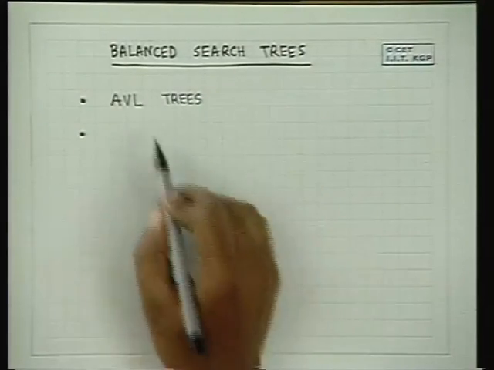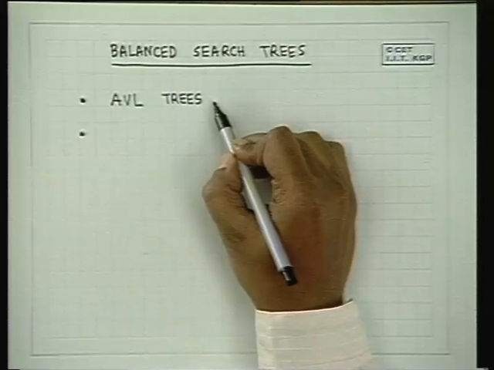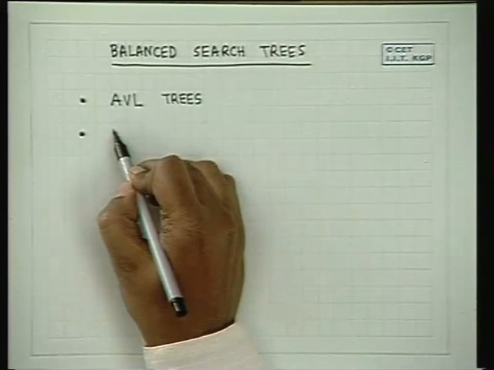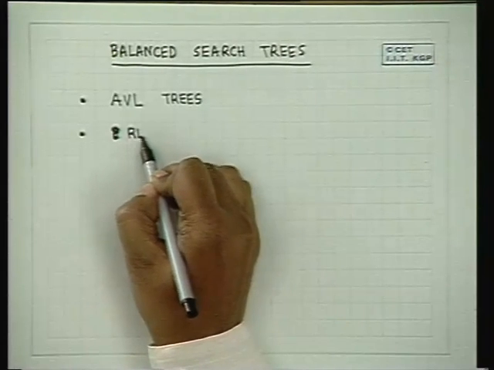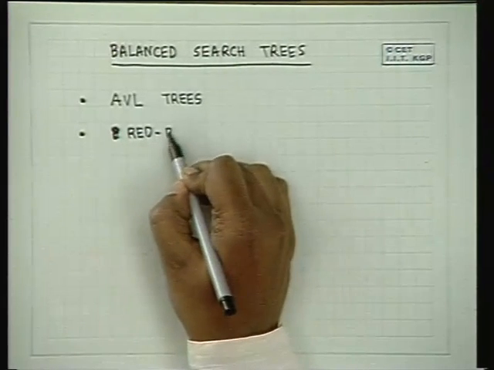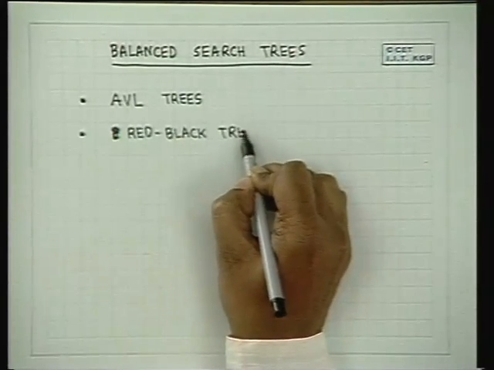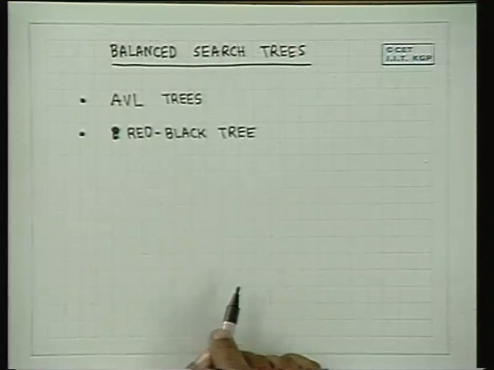There are several other such trees. Among binary search trees, the most popular balanced search tree nowadays is a modified version of an AVL tree. It's called a red-black tree.